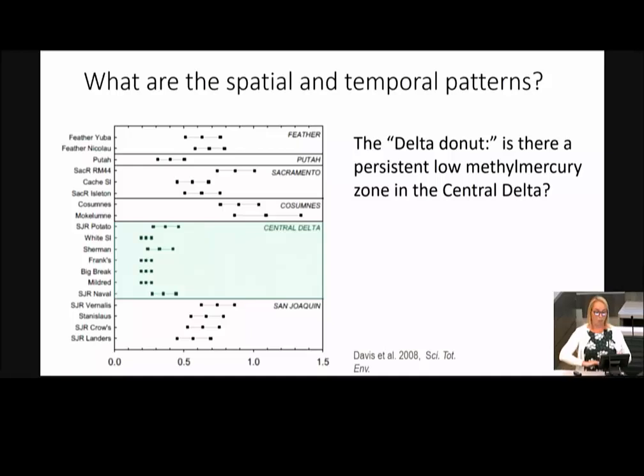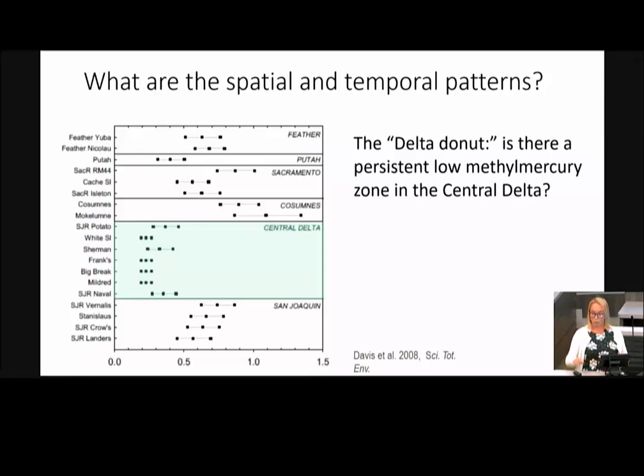There's also evidence that spatially the concentrations of mercury around California and around the Delta are not consistent. And there are some observations that there's been some areas of persistent low mercury relative to others in the Delta, but we don't fully understand what these transport mechanisms are.